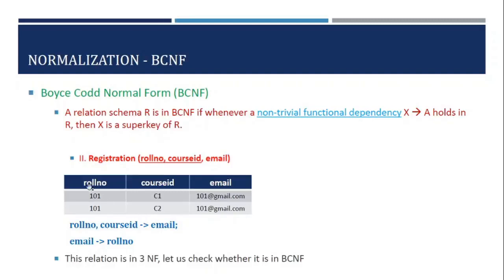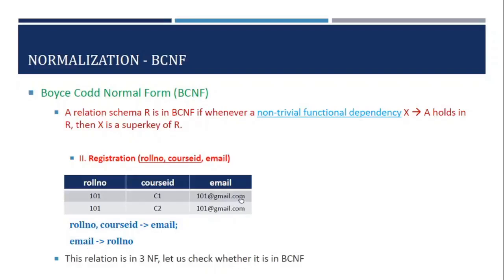So let us consider schema 2. As we discussed previously, if we take the first functional dependency, the left hand side is a primary key. This is a super key, so it is in BCNF. And what about the second functional dependency? Your left hand side is email, right? So it is not a super key.